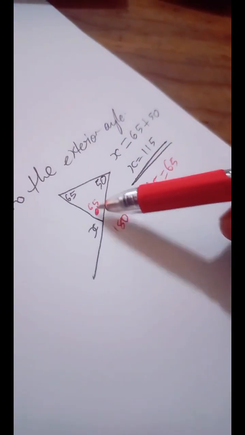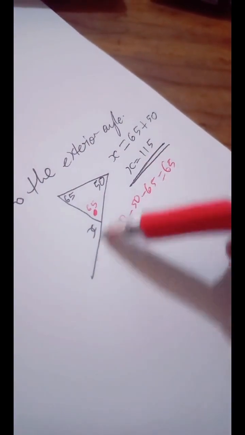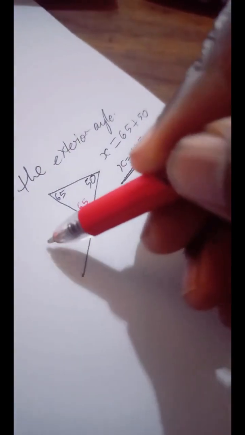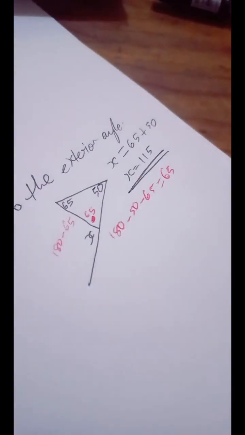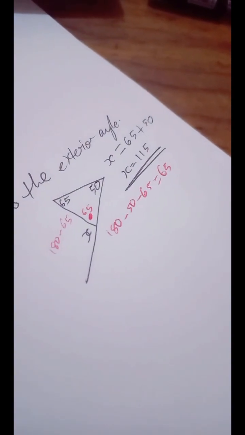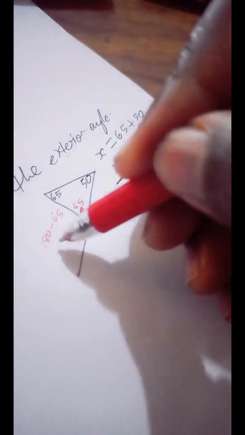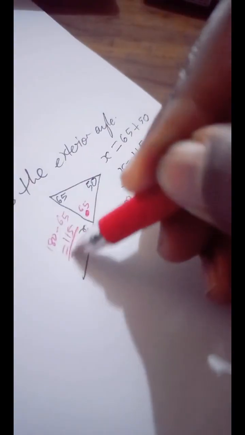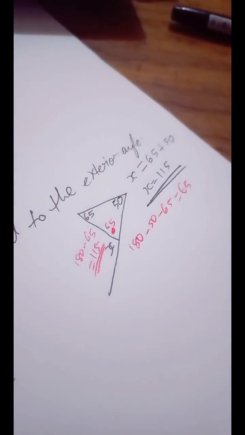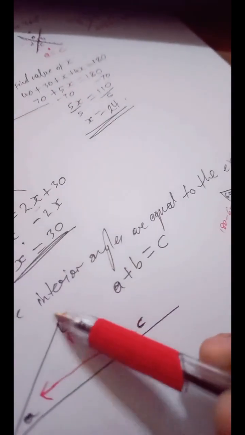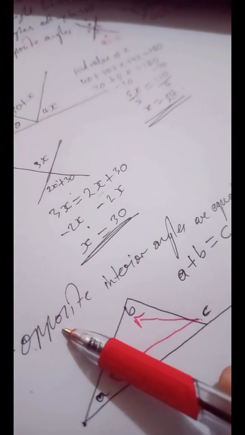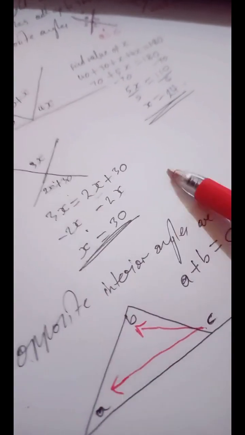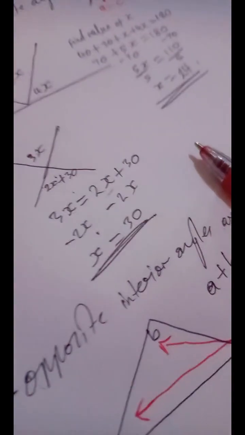The moment this is 65, this is a straight line, so to get x, we are going to say 180 minus 65 to give us 115. Right? So opposite interior angles are equal, not just interior. Opposite interior angles are equal.